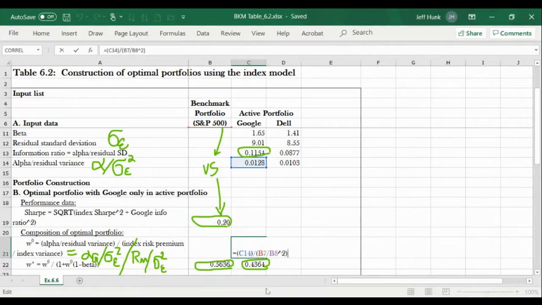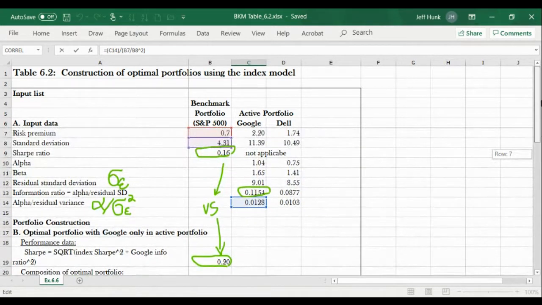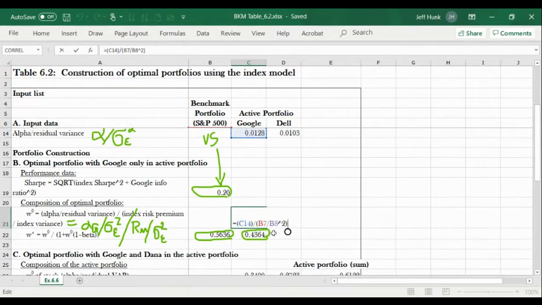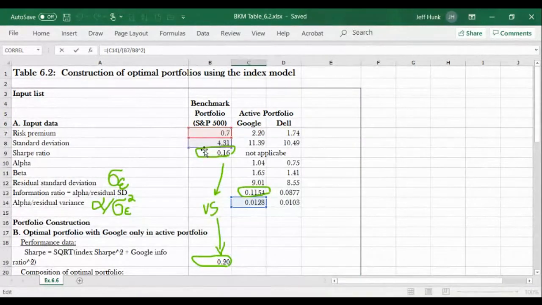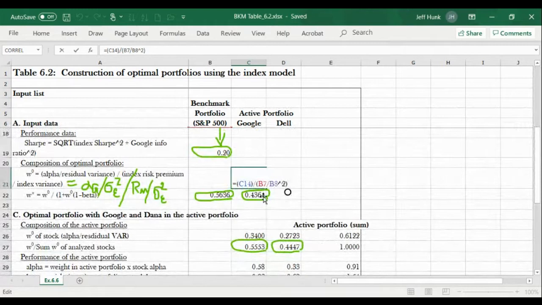And then B7, that's passive. Plus index risk premium, right? Market risk premium over the residual variance of the market. That's the standard error squared. Standard error squared is the error variance of the market, or called residual error.